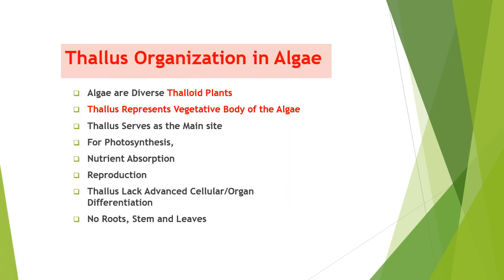As you know, thallus organization in algae has a diversity, and algae are diverse thalloid plants. Thallus is basically the vegetative body of the algae, and it serves as the main site for photosynthesis, nutrient absorption, and reproduction.